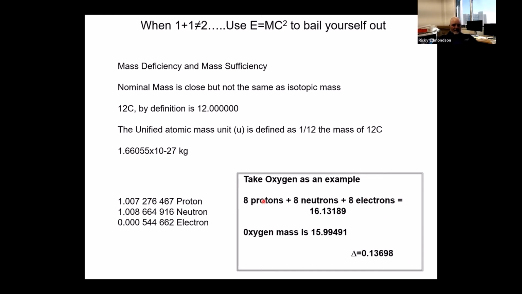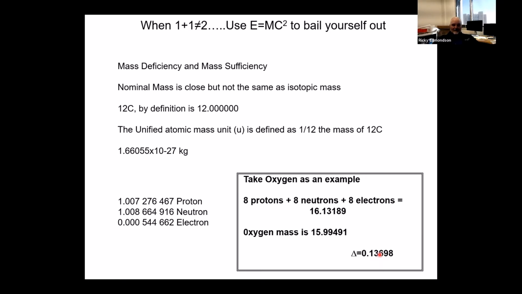If we take oxygen as an example, we know the mass of a proton, the neutron, and the electron. If we add up those masses, we get a mass of about 16.13, but oxygen's mass is 15.99. The reason for this is nuclear binding energy.